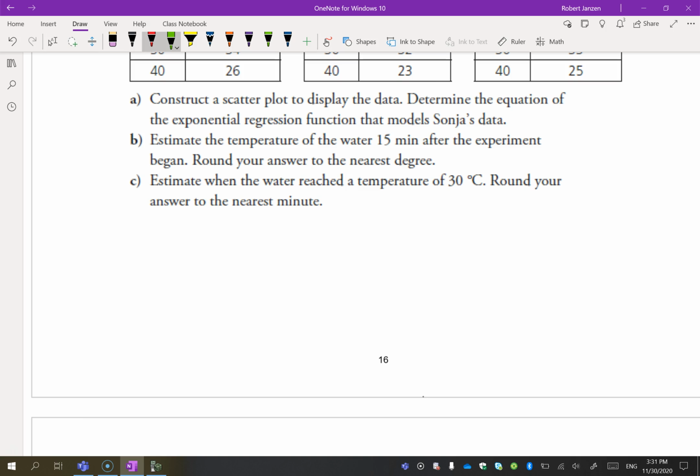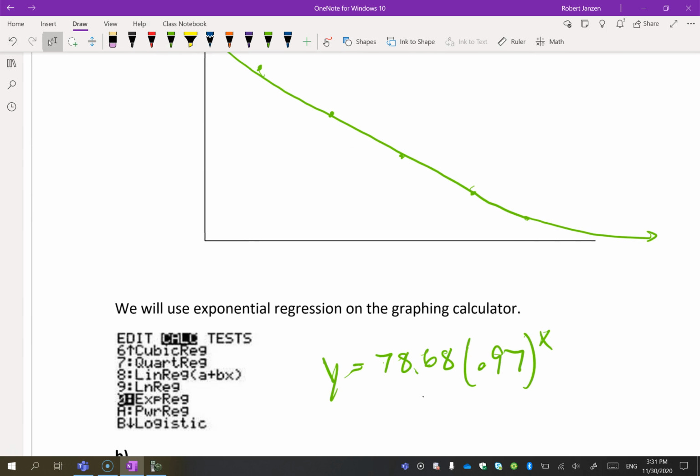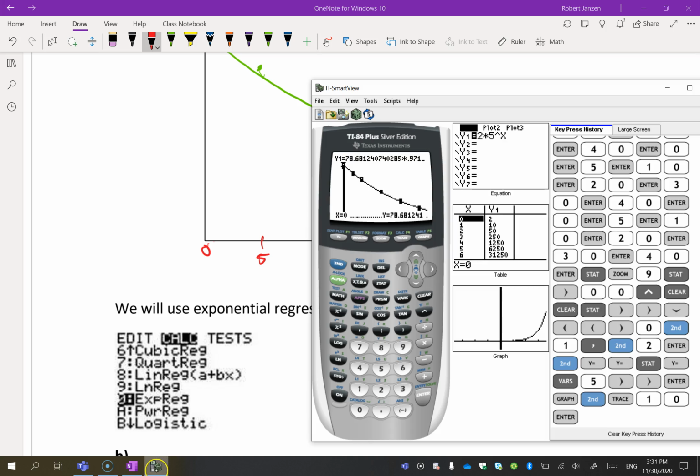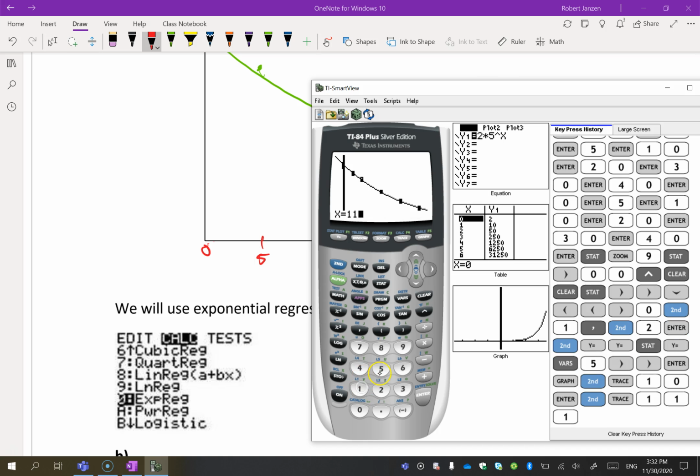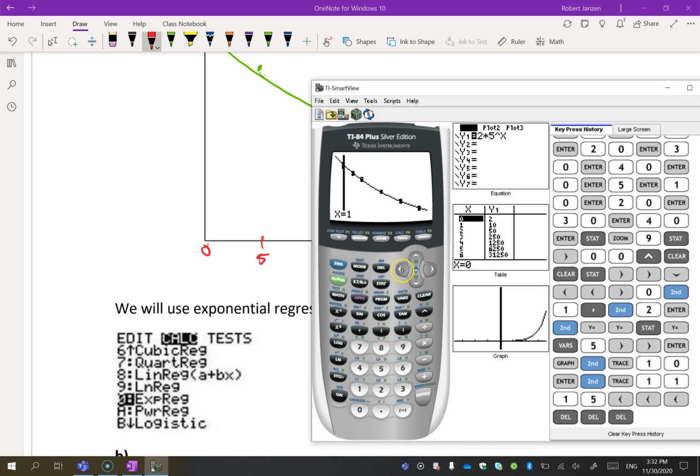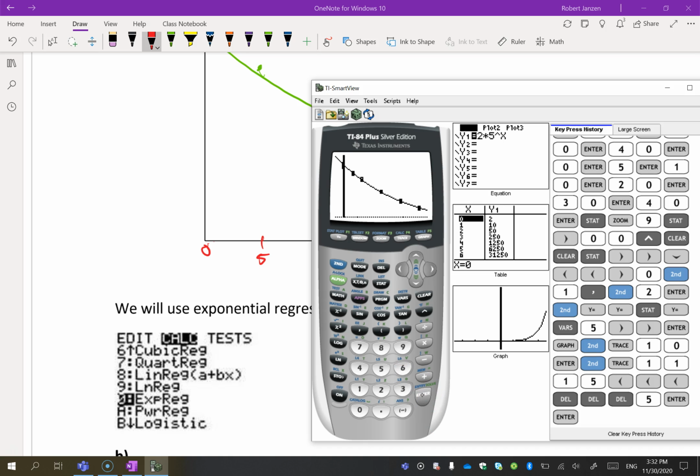All right, 15 minutes. Where is that? Well, the data we have is at 0, 5, 10, and then 20. So what we're looking for is what's going on at 15. So let's go to value again, and this time instead of putting 0, I'm going to say I want 15. Oops, I'm having some trouble with my calculator.